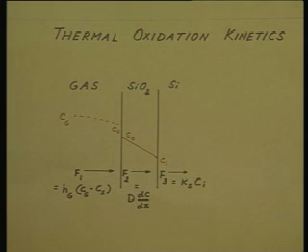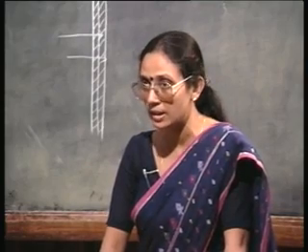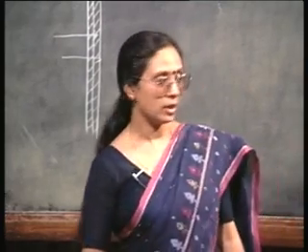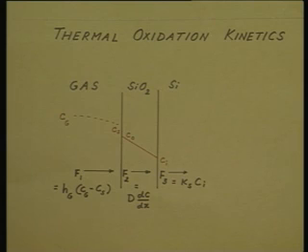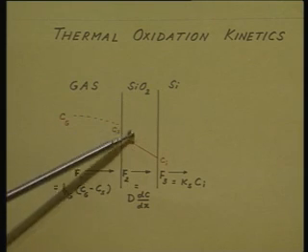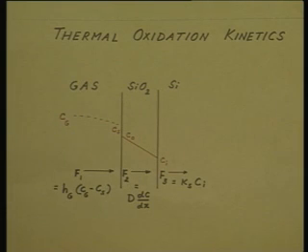Initially you may say that the oxide layer is not there, it is 0, but as the oxidation process proceeds, you have an oxide layer on silicon. Further oxidation is proceeding in the presence of this already grown oxide layer. That is why, in order to maintain generality, I have taken silicon and then silicon dioxide, and then the gas surrounding it.